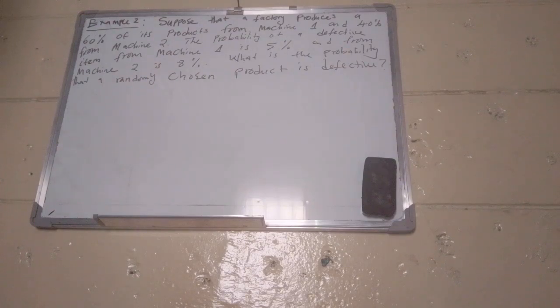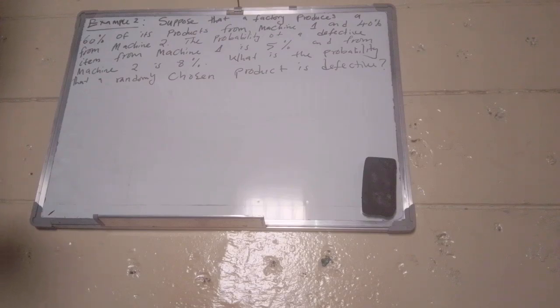Now, we have example 2 here given to us, where we're being told that suppose a factory produces 60% of its product from machine 1. So we have 2 machines there. The factory produces 60% of its products from machine 1 and 40% from machine 2. Then the probability of a defective item from machine 1 is 5%.